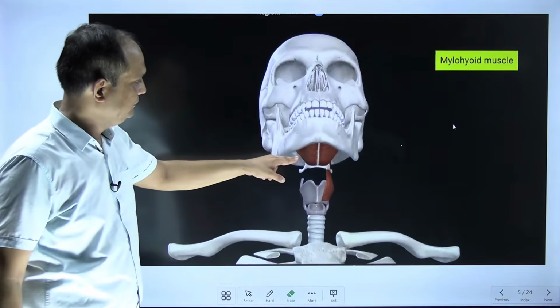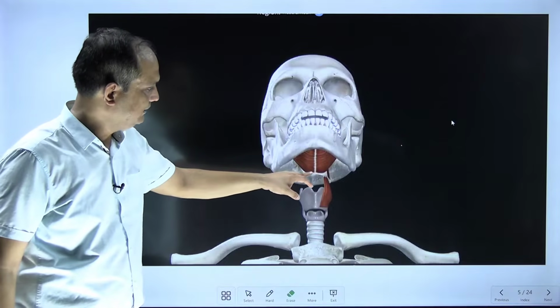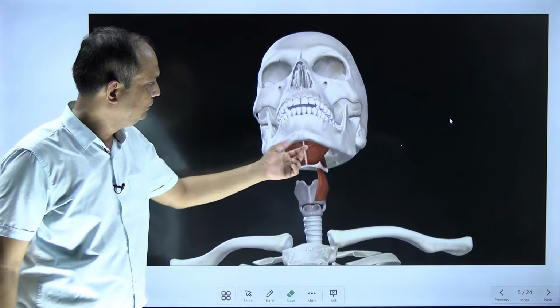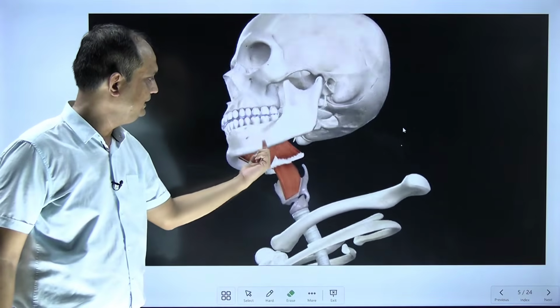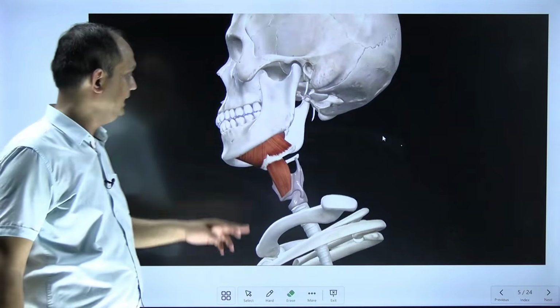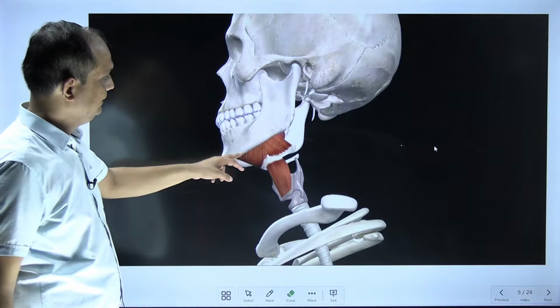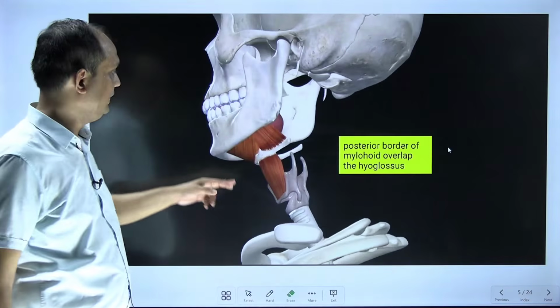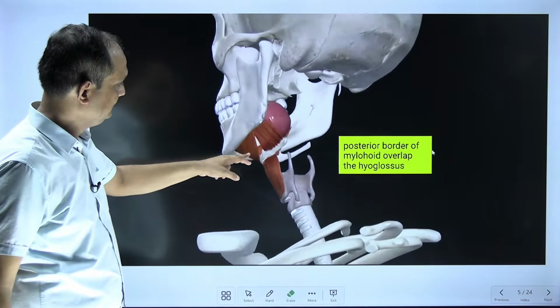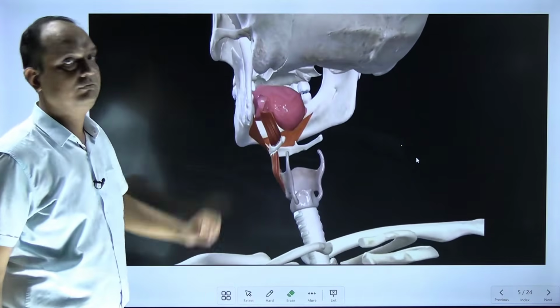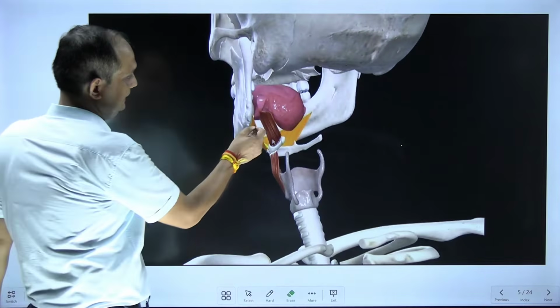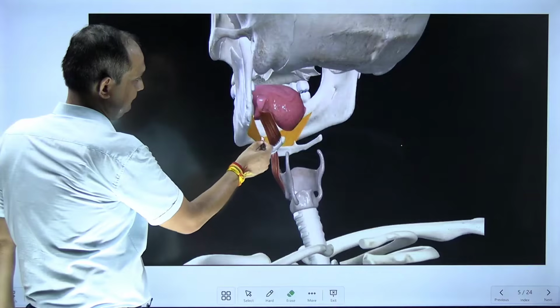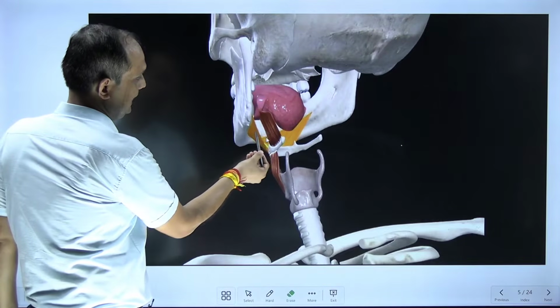Now my dear friends, if you will see, the mylohyoid comes from the hyoid bone and it will go just along the anterior side of the mandible on the mylohyoid line. And if you will see from the posterior side, you will find that this mylohyoid muscle overlaps some part of hypoglossal, and there is a clear cut gap between the hypoglossal and mylohyoid.